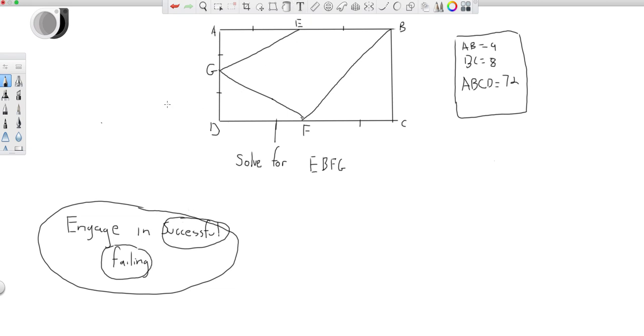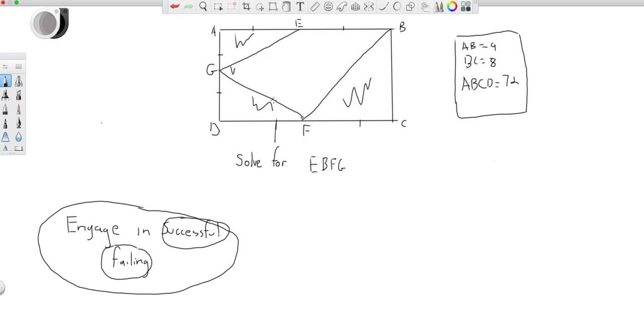If I show you in geometry, with this rectangle problem, we want to solve for EBFG. You'll notice this is a really weird shape, not a normal quadrilateral that we're familiar with. So in order to solve for our success, we have to find the parts that we don't want, which are our failures: this, this, and this part right here.